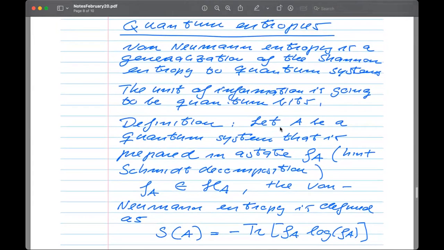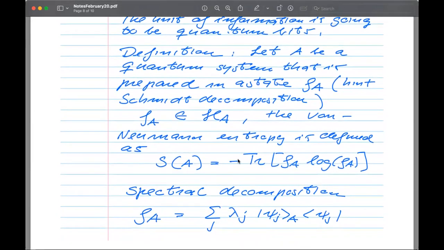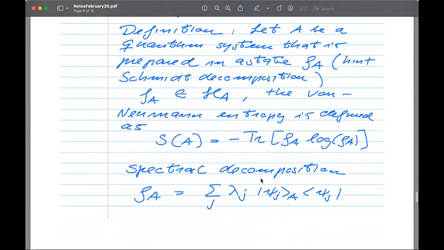So you could now think of A being a quantum system that is prepared in a state, rho alpha, when we use the Schmidt decomposition. And this rho of alpha is a member of its Hilbert space. And the von Neumann entropy is then given as the trace of the density matrix. The reason for this specific definition is that when we look at the spectral decomposition of a specific state in this subsystem A, then the density matrix can be rewritten in terms of the projection operator, which you have here, times the eigenvalue of the density matrix for that specific state.